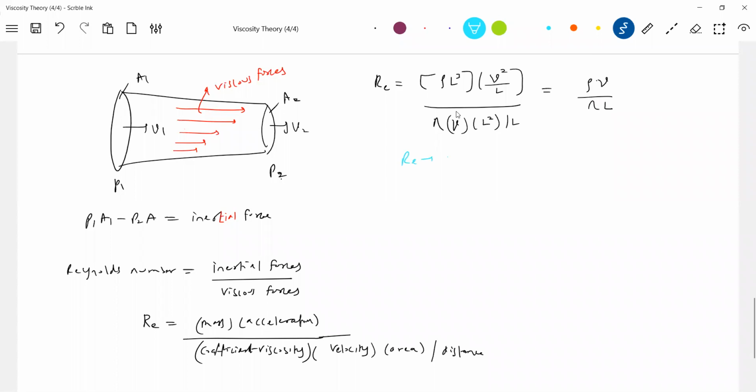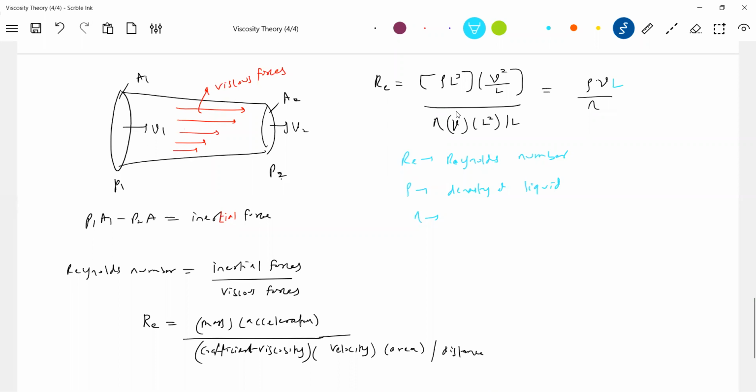Re is the Reynolds number. Rho is the density of liquid. Sir, L will be in the numerator. So Re equals rho V L by eta.